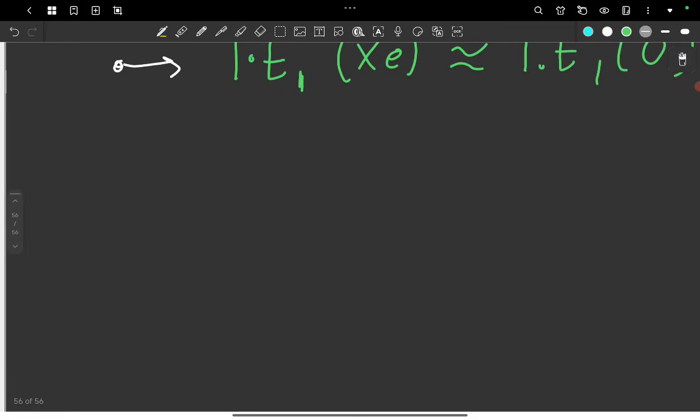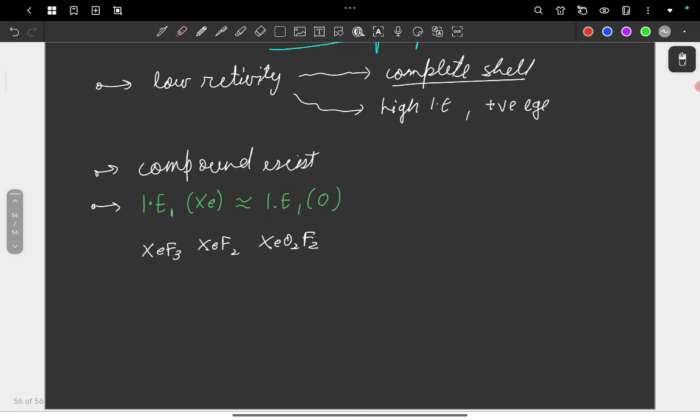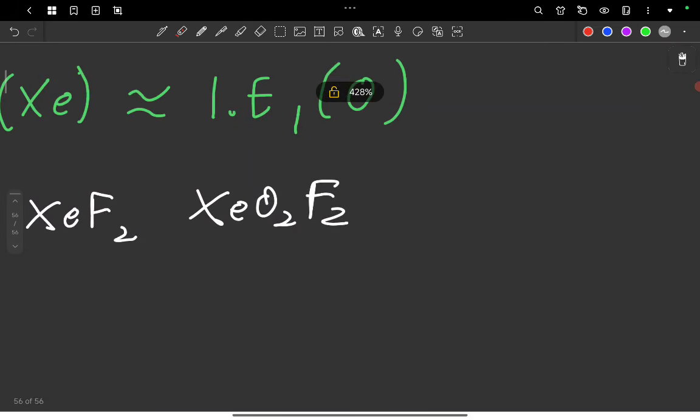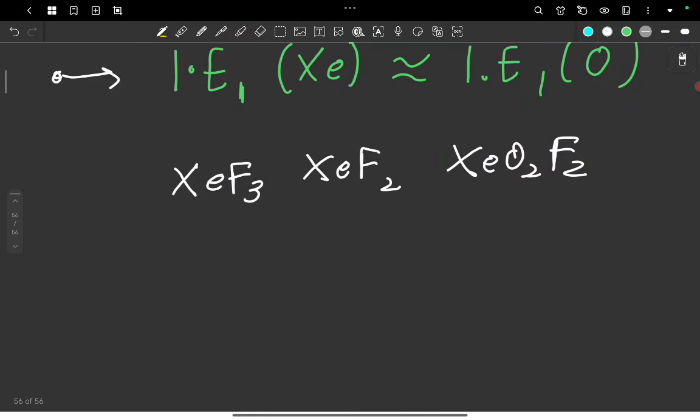And even in chemical bonding, we also study that compounds like XeF4, XeF2, XeO2F2 exist. And you are even asked to draw their structures. So just remember that xenon has 8 electrons in its valence shell, and that is the most unique property of xenon out there. And that was it about xenon.